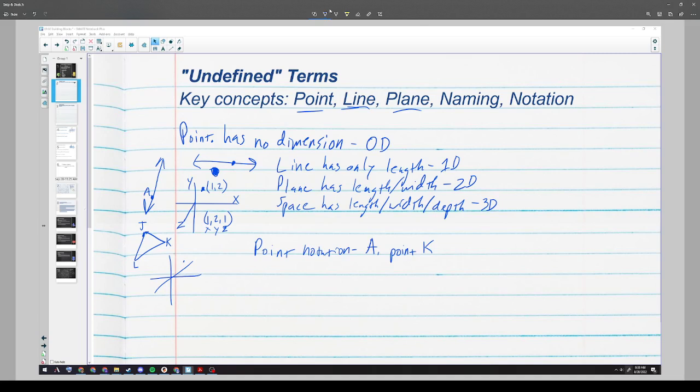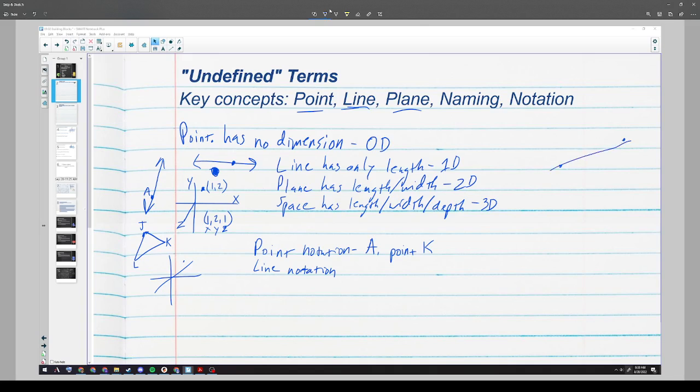Lines have different notation. So line notation, we know from algebra and previous math that we can define a line by any 2 points. So once I have a point here and a point here on this plane that I'm drawing on, there's only one way to connect those 2 dots with a line.